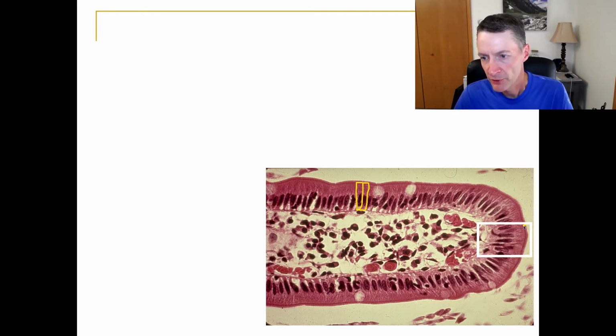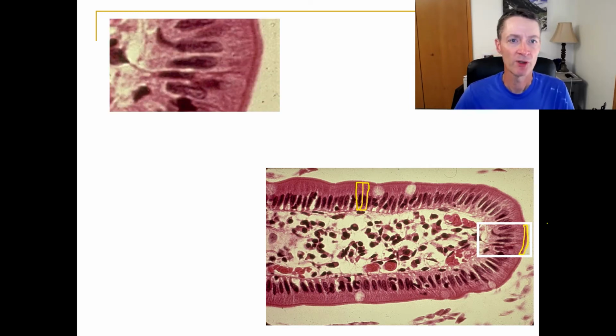It looks like a little bit of a thicker boundary on those cells. And when we zoom in, I know this is kind of a blurry picture, but what we would find in this boundary here is that there are actually lots of little extensions of the plasma membrane sticking up like little fingers on that surface, okay?